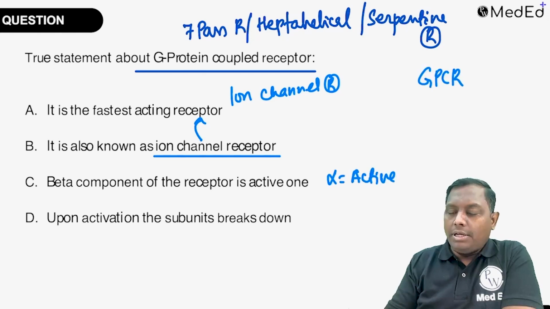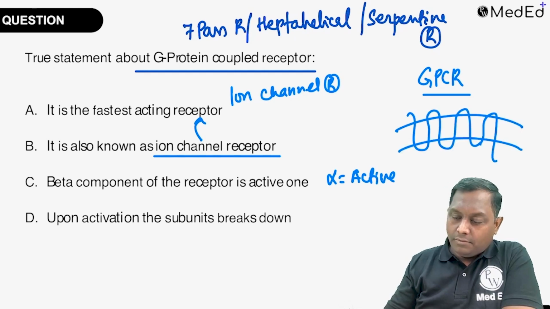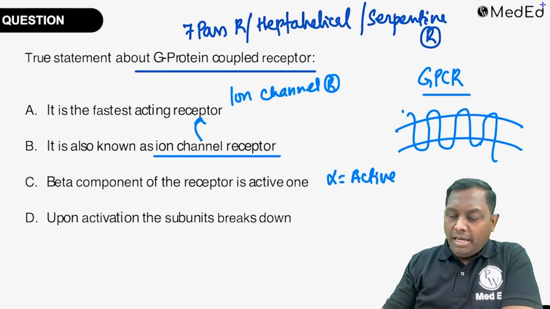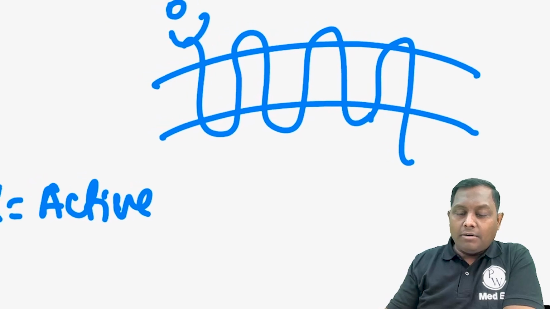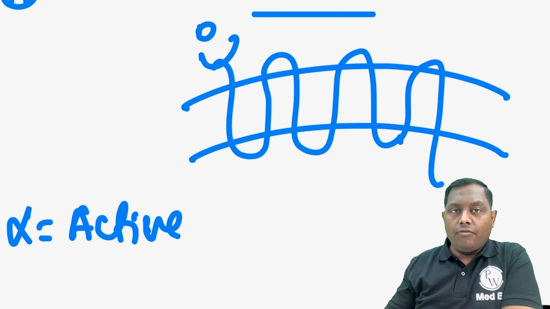In the G protein coupled receptor, usually there are 3 important components inside, intracellularly: alpha, beta and gamma.